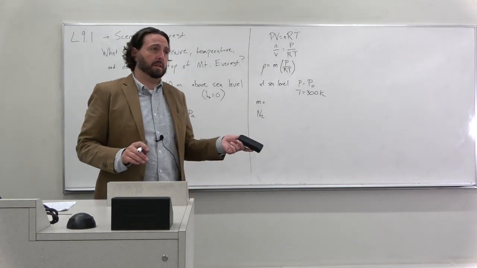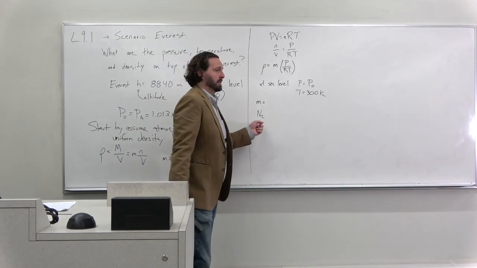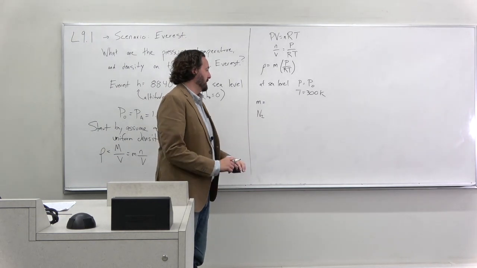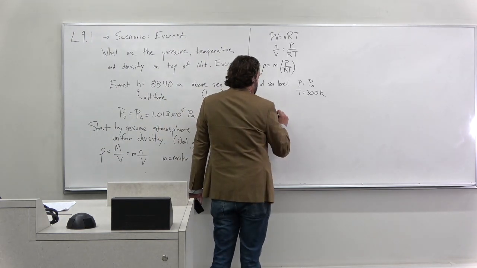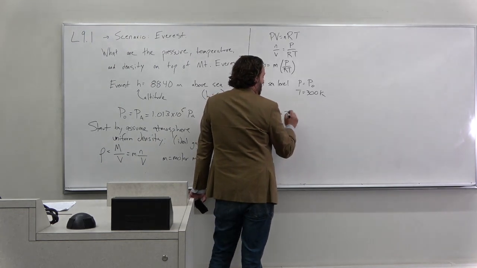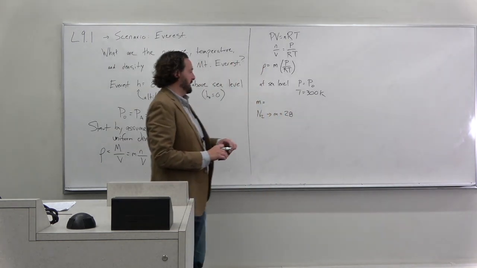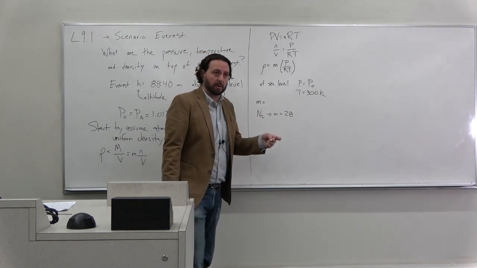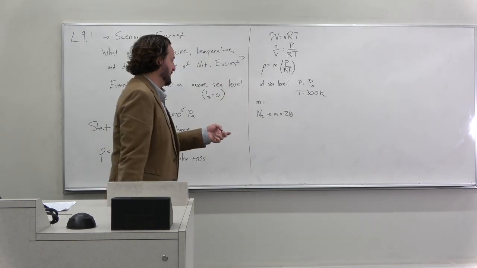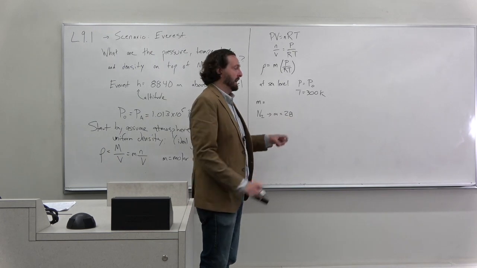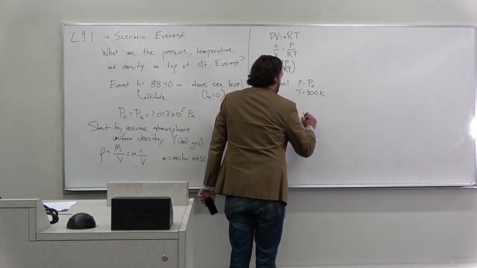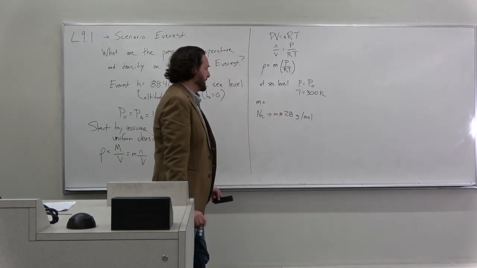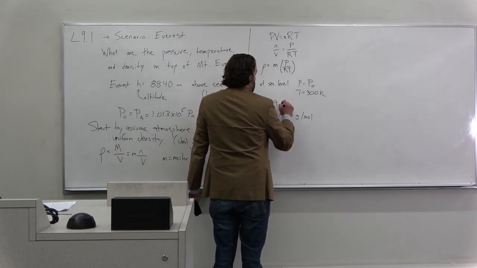That's atomic number 7, which means there are 7 protons and 7 neutrons. That's 14, but this is N2, so you double it. So it's 28 grams per mole, approximately. Turns out that's a pretty good guess for air. It's 29 grams per mole.